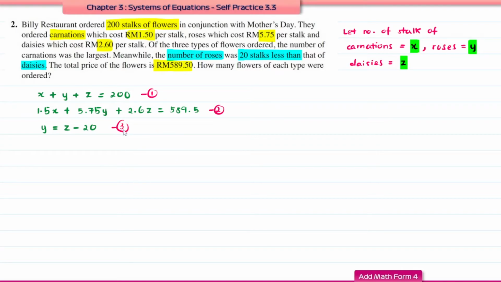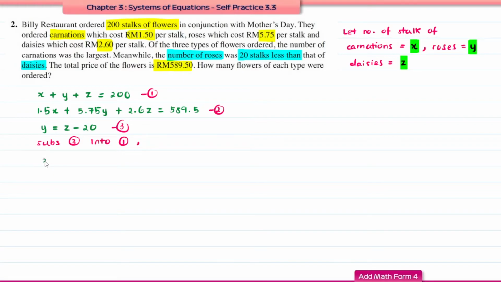Now for equation number 3, I have Y as the subject of the formula. Therefore, I'm going to substitute equation number 3 into equations 1 and 2. First, I'm going to substitute equation number 3 into equation number 1.